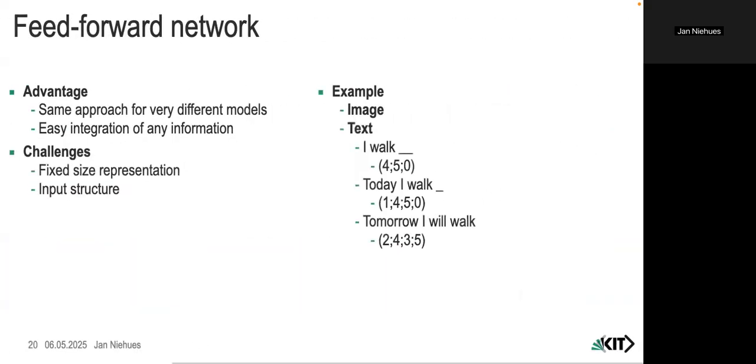The same thing is true for text. You want a structure where, if you see the sentences "I walk today", "today I walk", "I will walk", you have some of these "I walk" which you should recognize, but it's always at a different position. If you extend things to always having four words, your inputs would always look completely different.